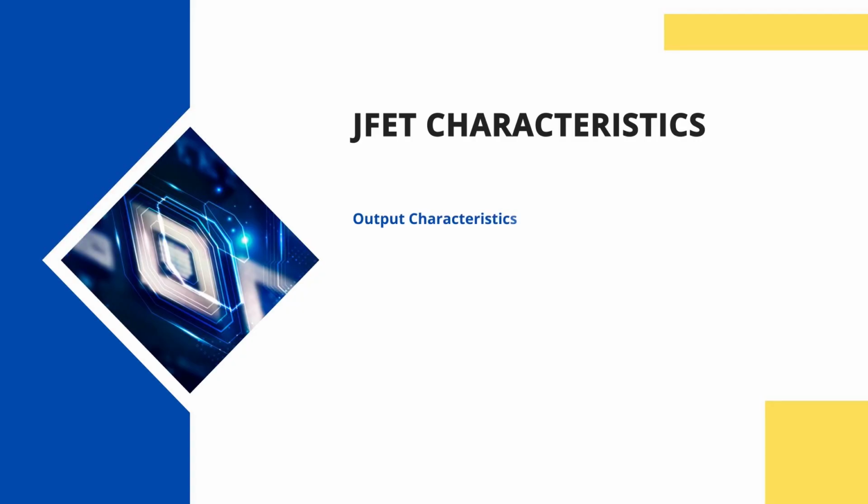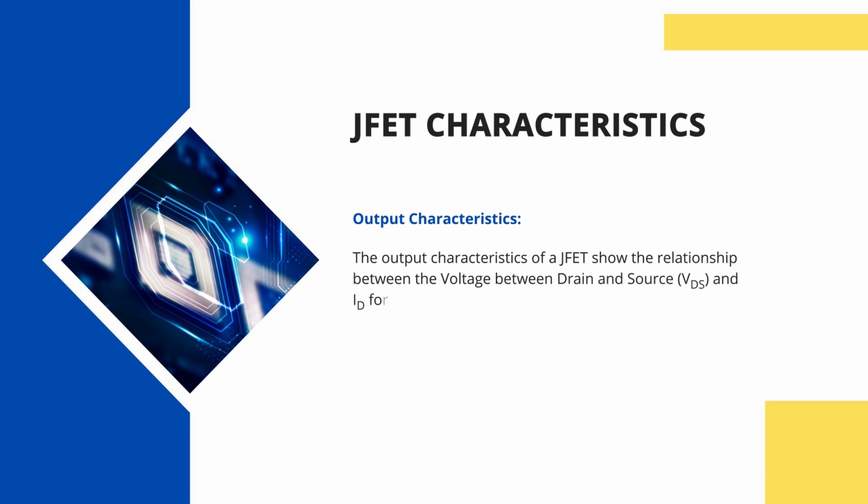The next important term is output characteristics. The output characteristics of a JFET show the relationship between the drain to source voltage VDS and the drain current represented as ID for various values of VGS. As VGS becomes more negative, ID decreases and the curve shifts downward.